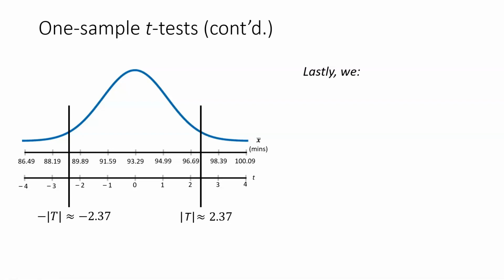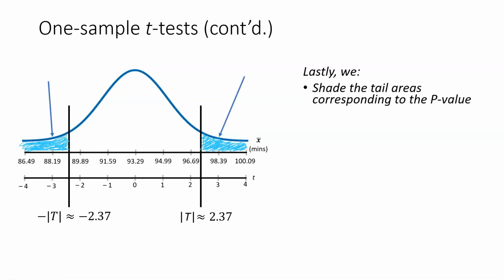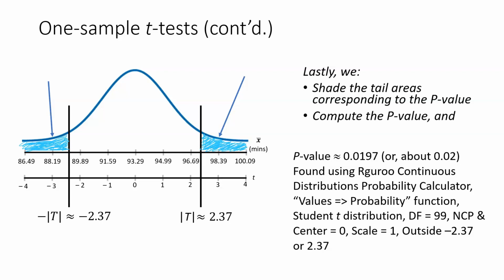Next, we're going to shade the tail areas corresponding to the capital P, or probability value, and then we compute the probability value using our guru. Notice that in this case, the value was 197 10,000ths, or approximately 2 hundredths. Notice that I've also included on the slide what you would need to write on paper as what you did within our guru to find the probability value.